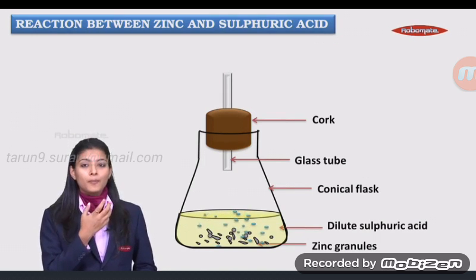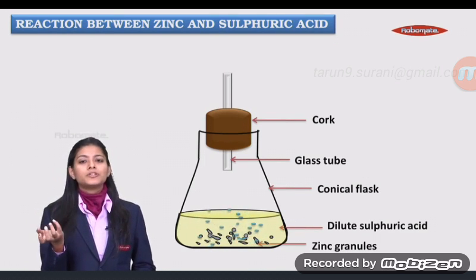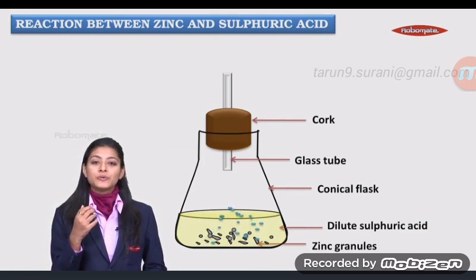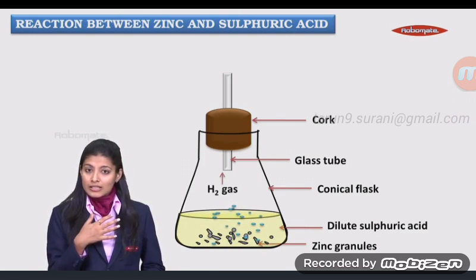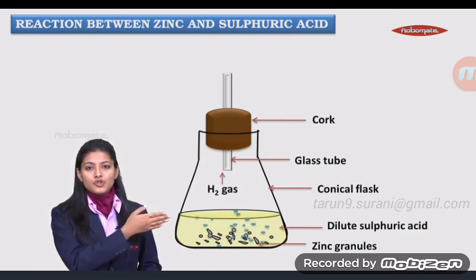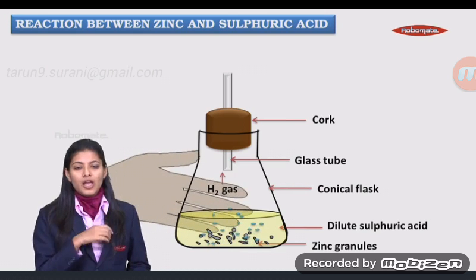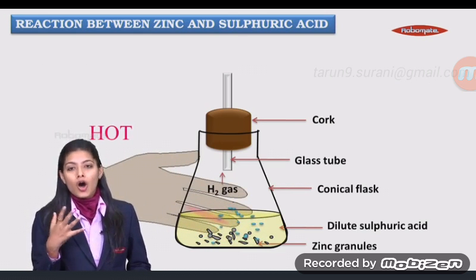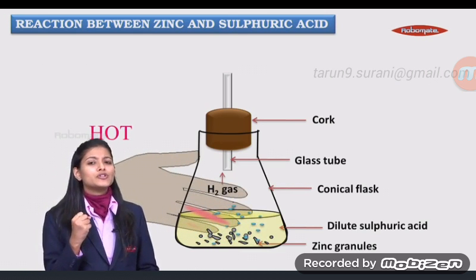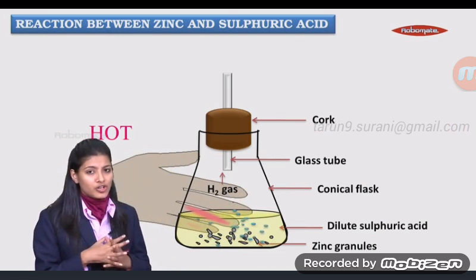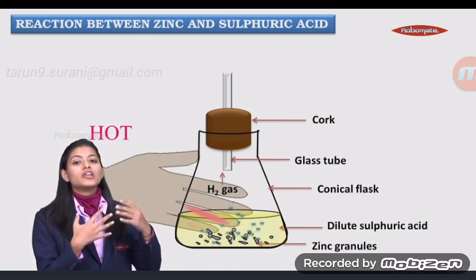Now look what happens when you add dilute sulfuric acid to zinc. It leads to formation of bubbles. And when are bubbles formed? Whenever a gas is being released. That's not all. If you touch the flask, you'll realize that it is hot, stating that some amount of heat was given out during the reaction, leading to elevation of temperature.